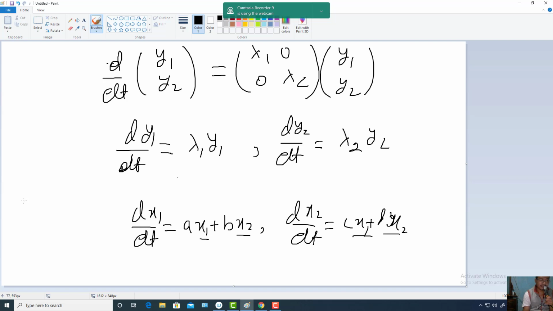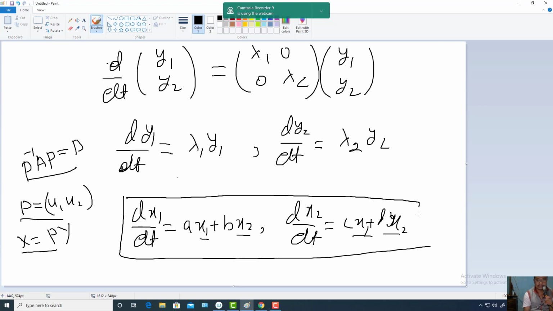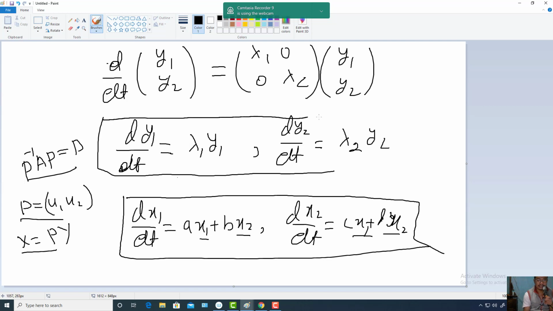So by using p equal to u1 u2, where u1 and u2 are again vectors, we use the transformation x is equal to py. Then p inverse ap is equal to the diagonal matrix D. Using this transformation, the coupled differential equation is now reduced to this simple one, which you can easily solve.